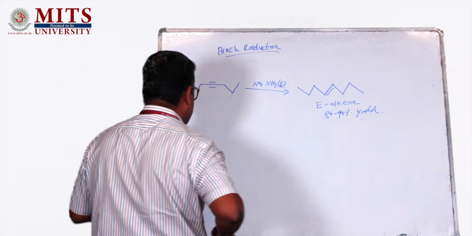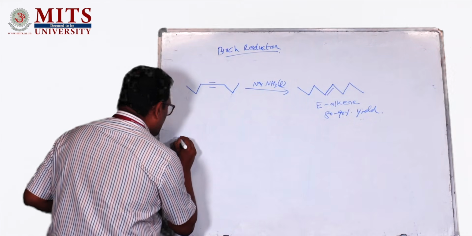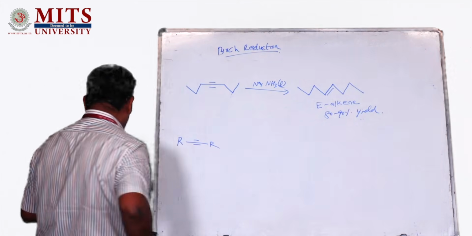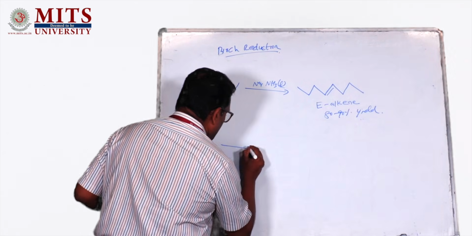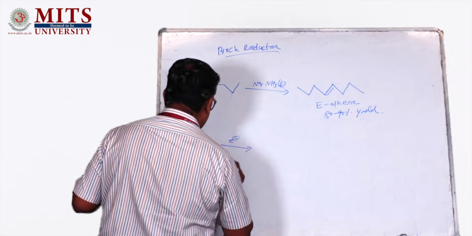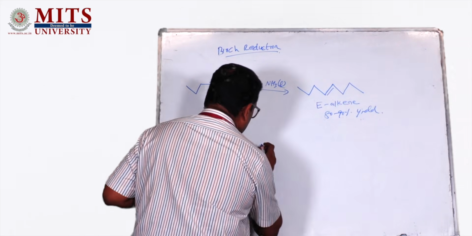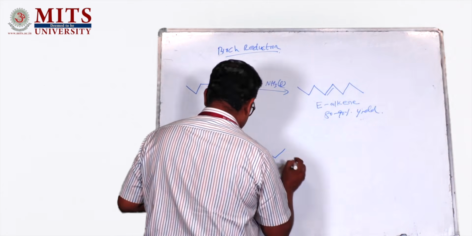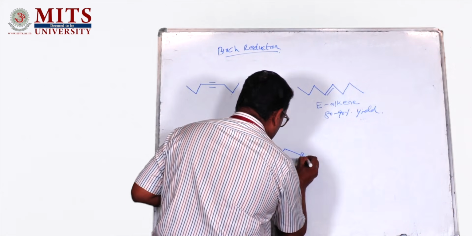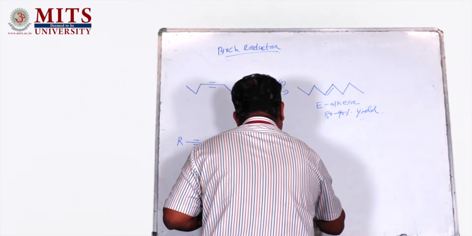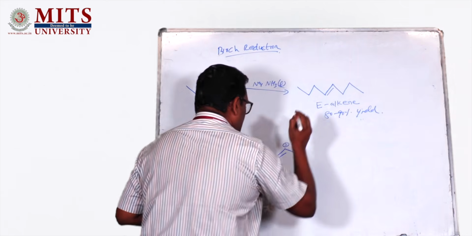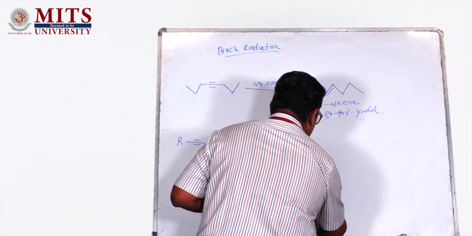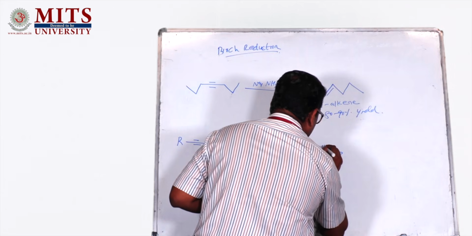What would be the mechanism for this one? Same as with the aromatic ring, you will have a radical anion and then ammonia.